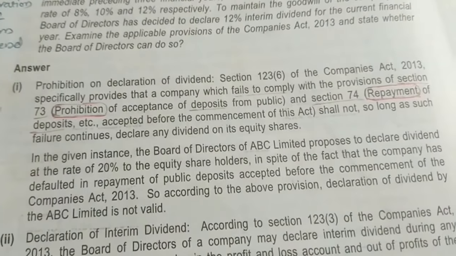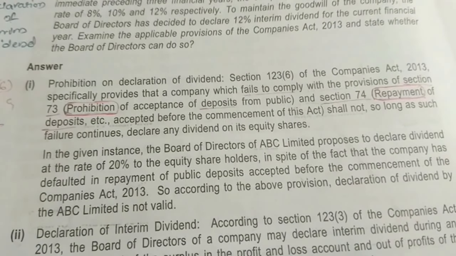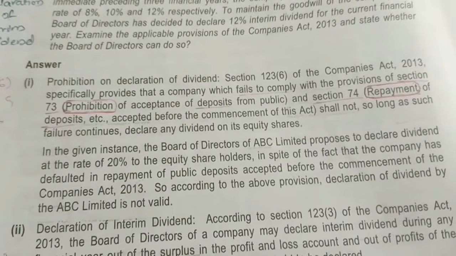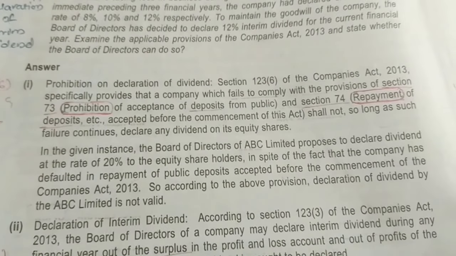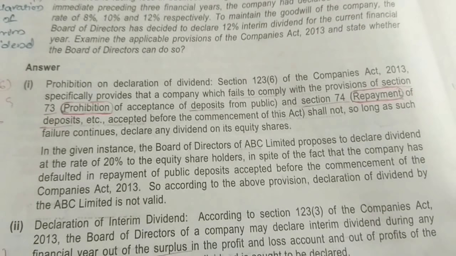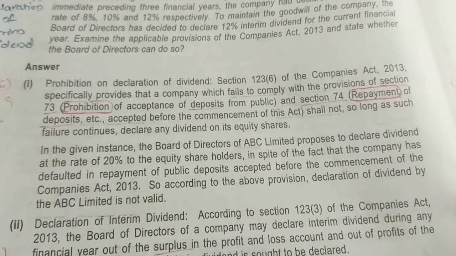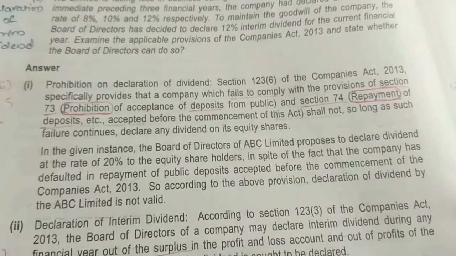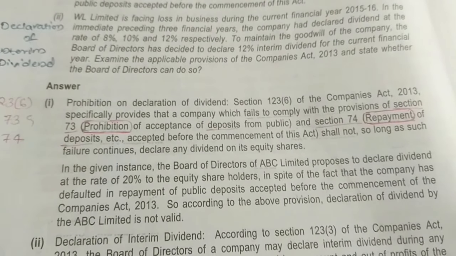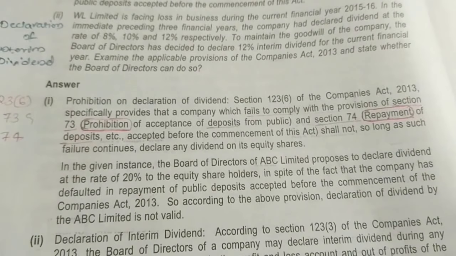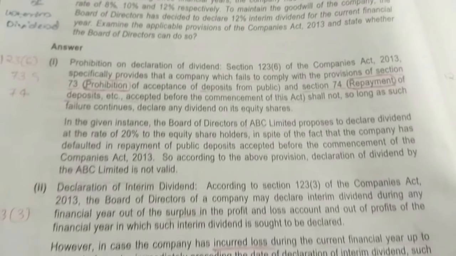So if the company is violating section 73, that means the company has accepted deposits from the public, and if the company is violating section 74, it means the company has not repaid the deposits accepted. If the company has violated these conditions, the company cannot declare a dividend on its equity shares.